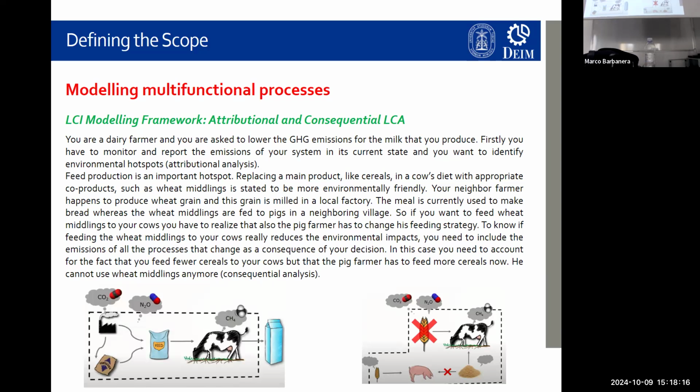In this case, you need to account for the fact that you feed fewer cereals to your cows, but the pig farmer has to feed more cereals now. He cannot use wheat middlings anymore in this scenario. So in this case, you have an advantage in terms of environmental impacts because you substitute cereals with a byproduct obtained from another farmer.